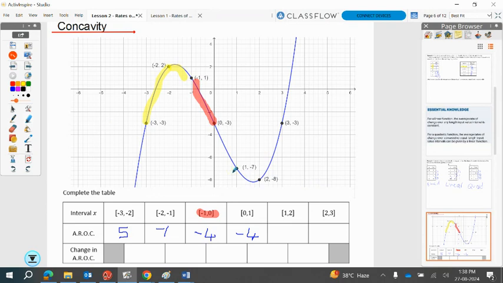Our next interval, from 1 to 2, that's going down by minus 1. And then our last interval, from 2 to 3, the average rate of change there is increasing, and it's increasing by 5.